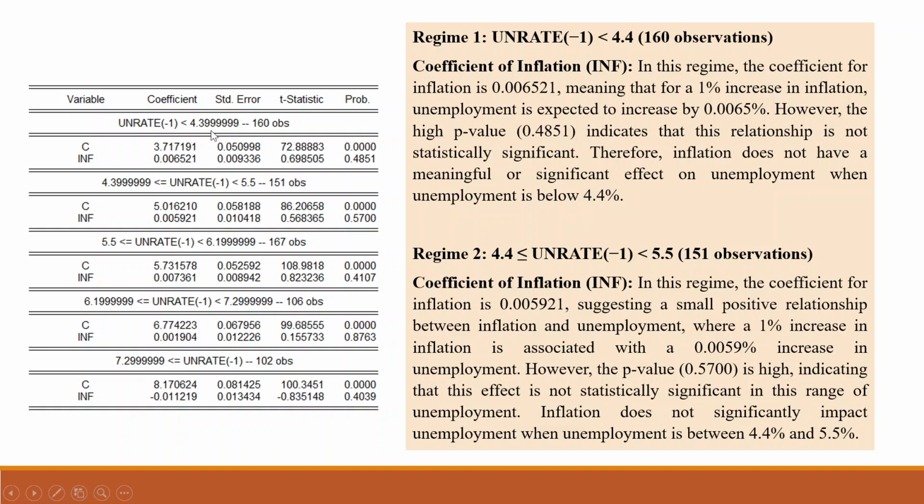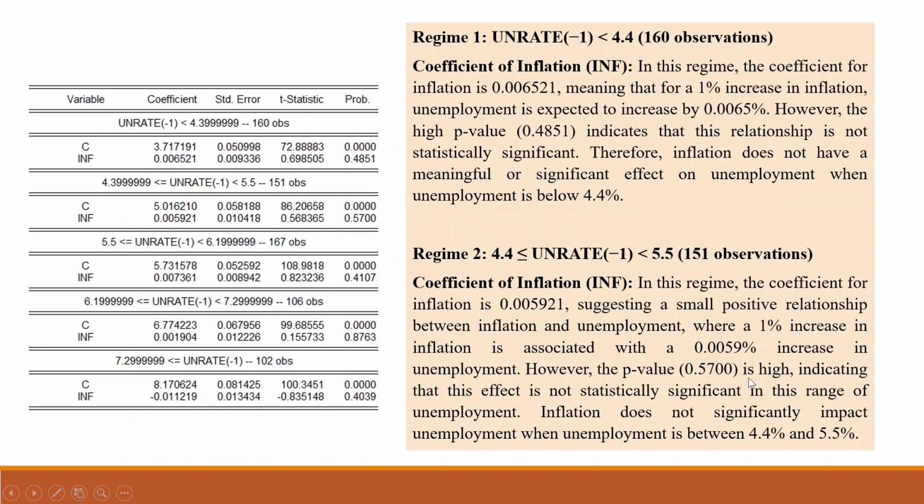4.4%. Now we will see regime 2, 4.4 to 5.5. Here also, see the p-value for inflation. It is more than 0.05. Again, it is insignificant. So what will be our interpretation? In this regime, the coefficient for inflation is 0.005, suggesting a small positive relationship between inflation and unemployment, where a 1% increase in inflation is associated with a 0.059% increase in unemployment.